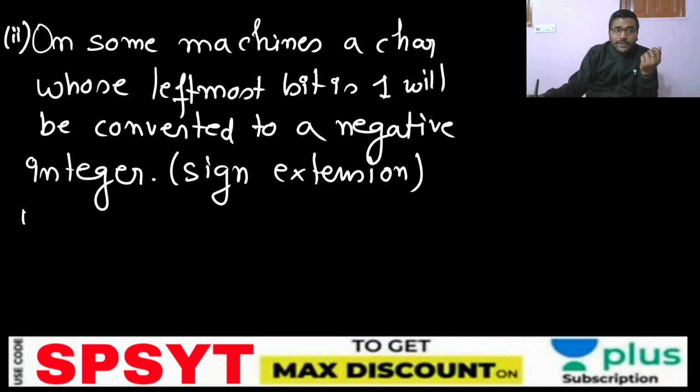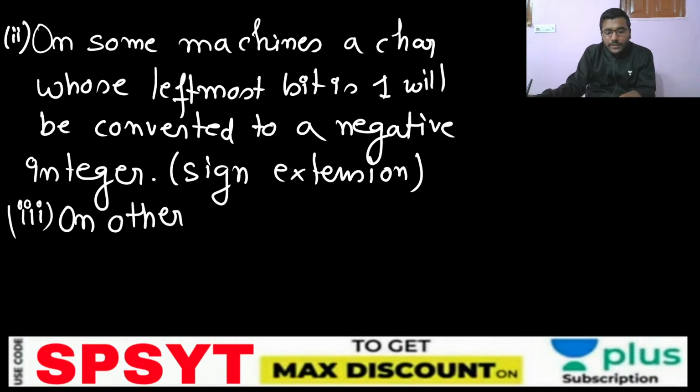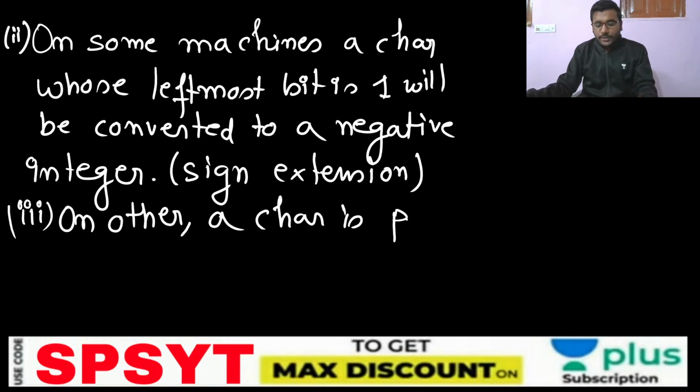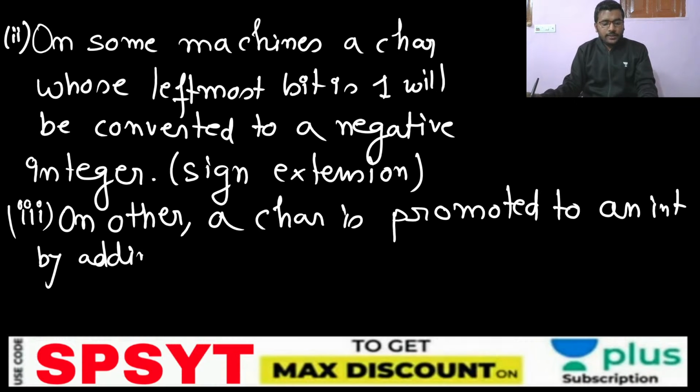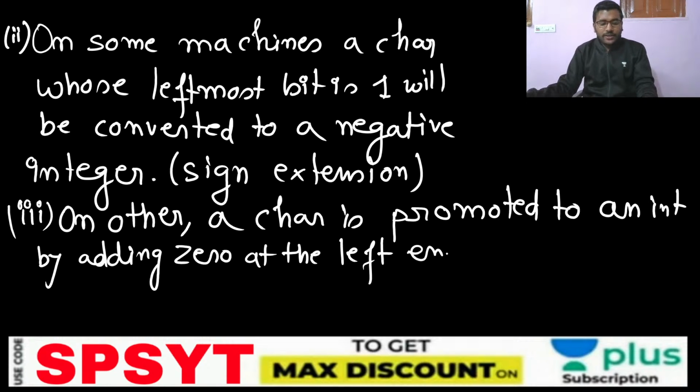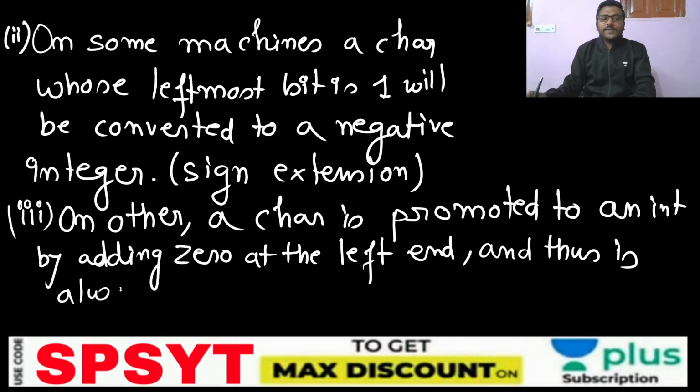On some other machines, a char is promoted to an int by adding 0 at the left end, and thus it is always positive.